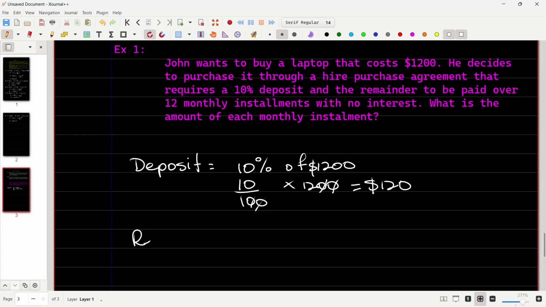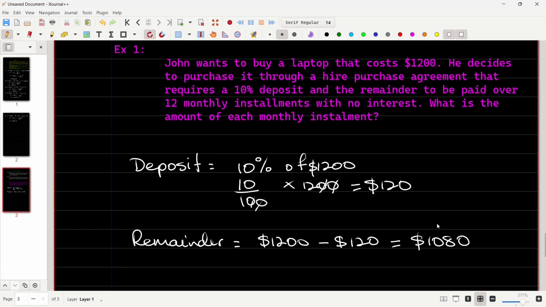The remainder is 1,200 minus that 120. Now, 1,200 minus 100 is 1,100, and 1,100 minus 20 is going to be 1,080. So I have here 1,080. That's the remainder that we have. Now, he says the remainder will be paid over 12 monthly installments with no interest added. So that means we have to divide this by 12 to figure out the installments.